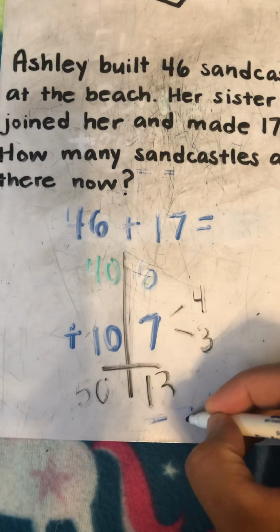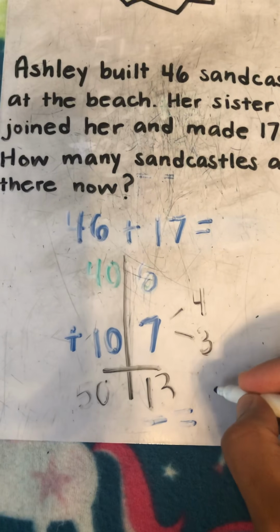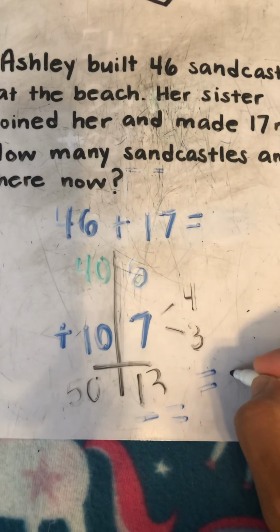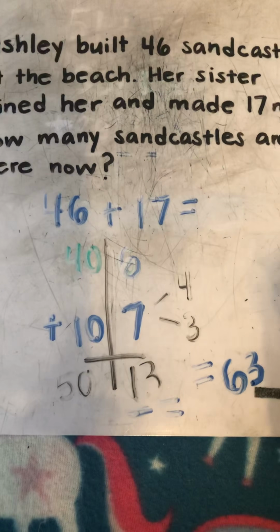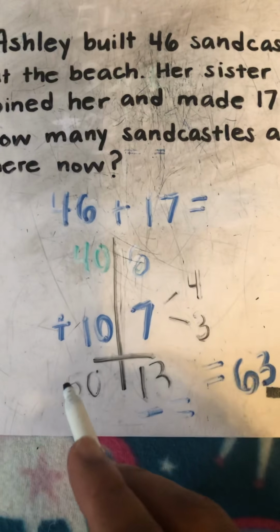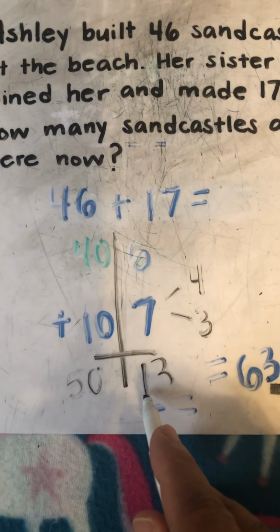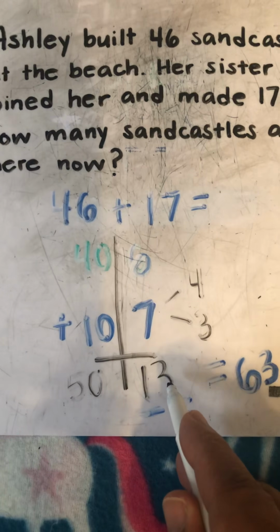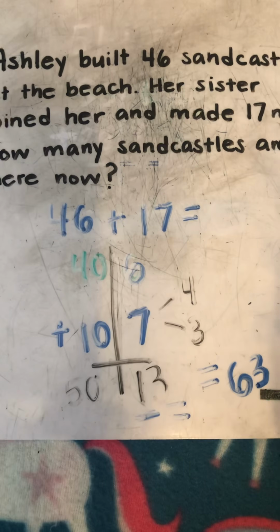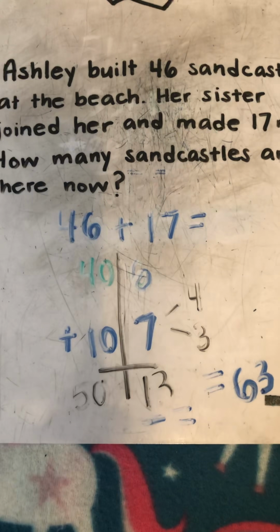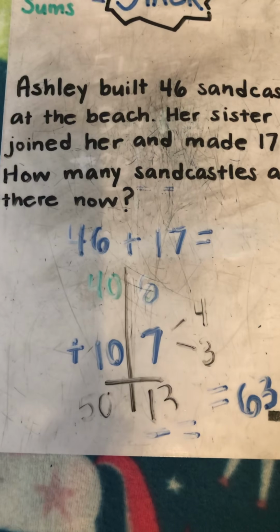And then these 3 ones will take us to 63. So again, 50, another 10 made 60, and 3 more makes 63. And there I'm using my stack strategy to help me with my addition.